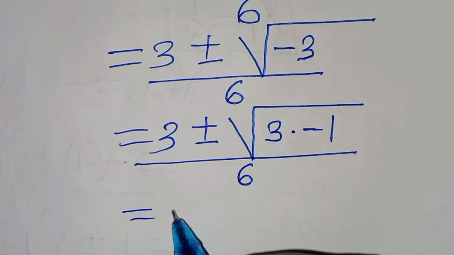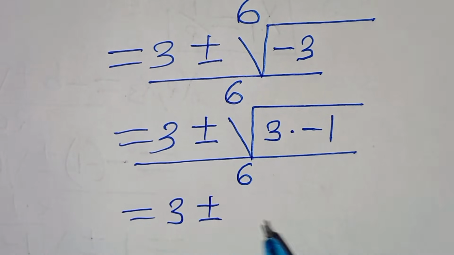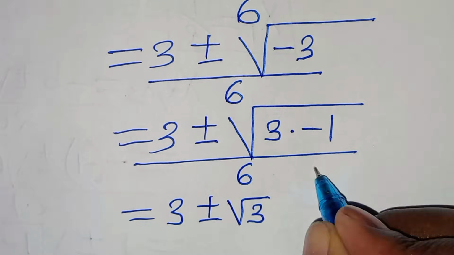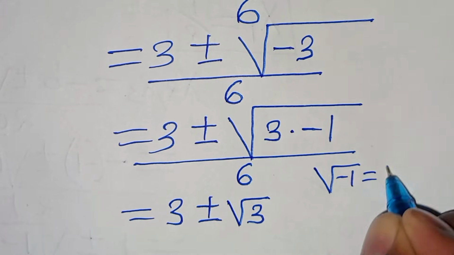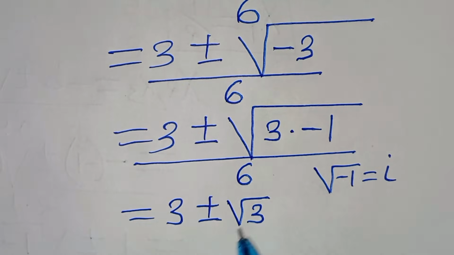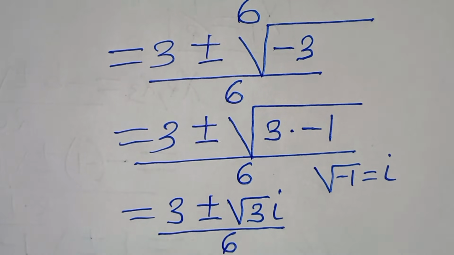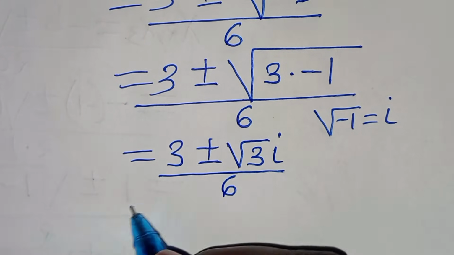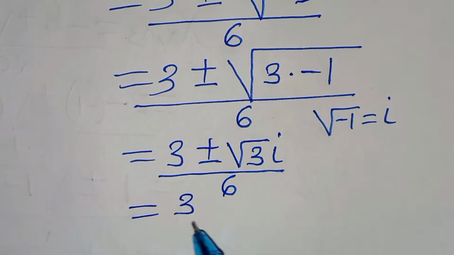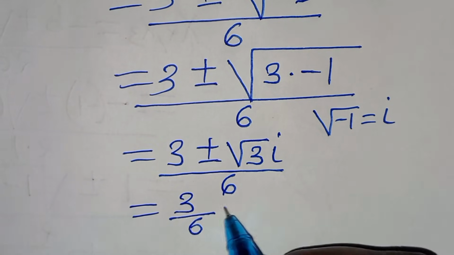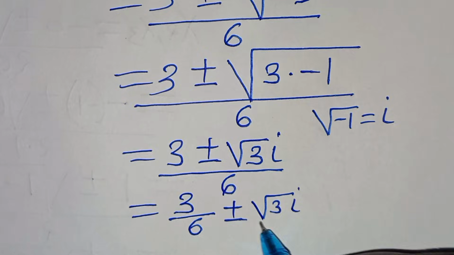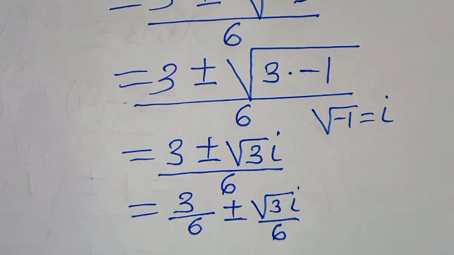So this is equal to 3 plus or minus the square root of 3, then we have square root of minus 1, this is equal to i. So we have square root of 3i, then divided by 6. So this implies that this is 3 over 6 plus or minus square root of 3i divided by 6.